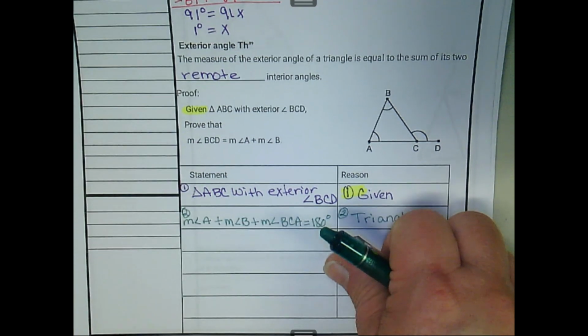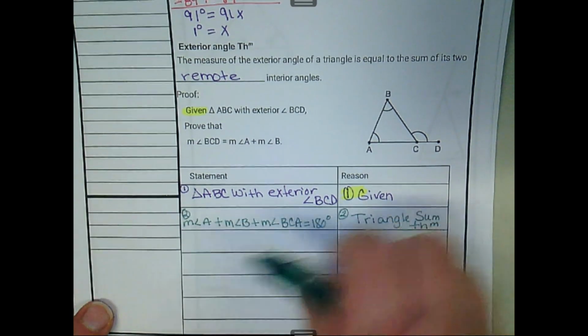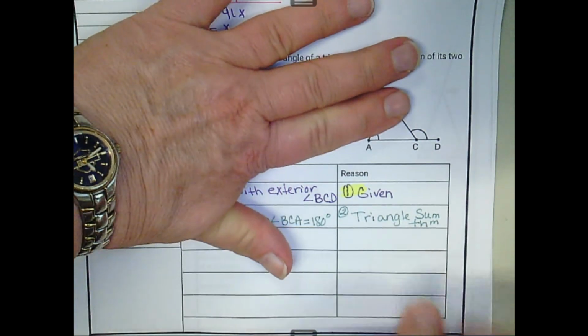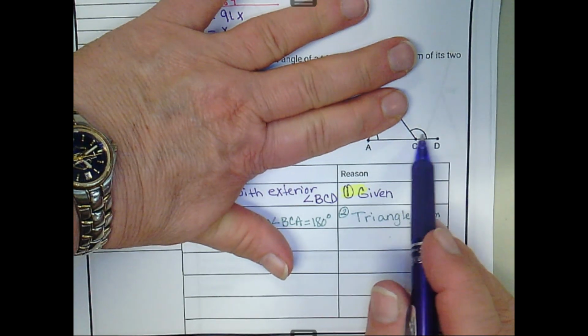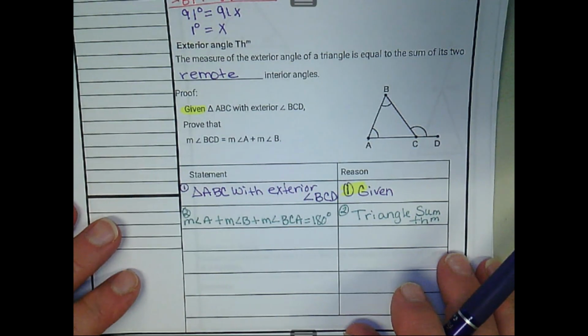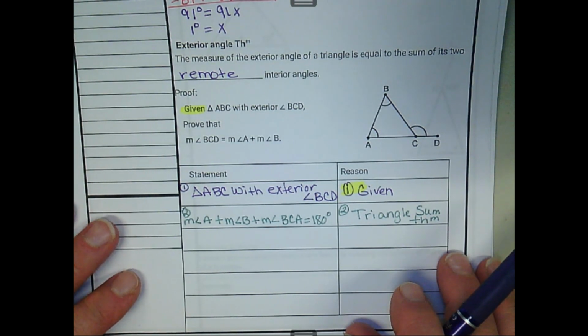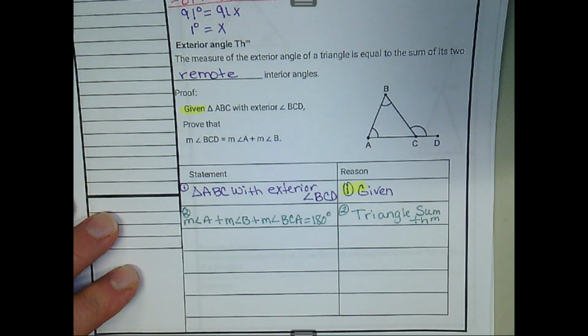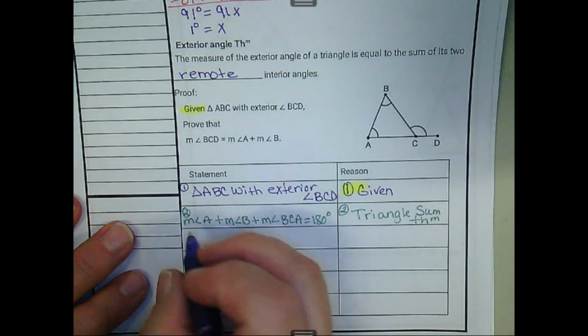Well, I would call it a line or a line segment. That line is made up of these two angles. So what do we know about those two angles? They are a linear pair. If they're a linear pair, the sum of their measures is 180 degrees.